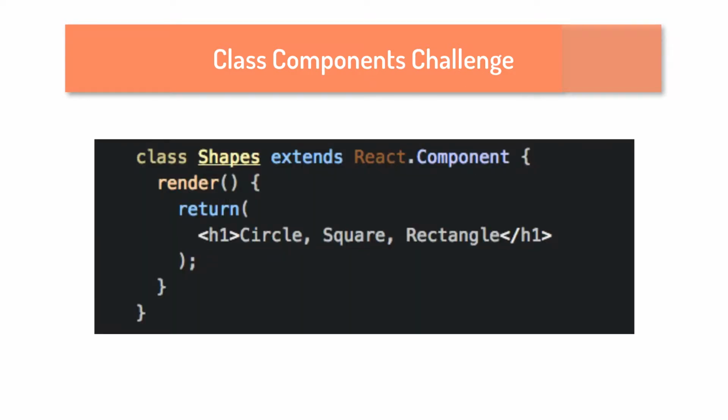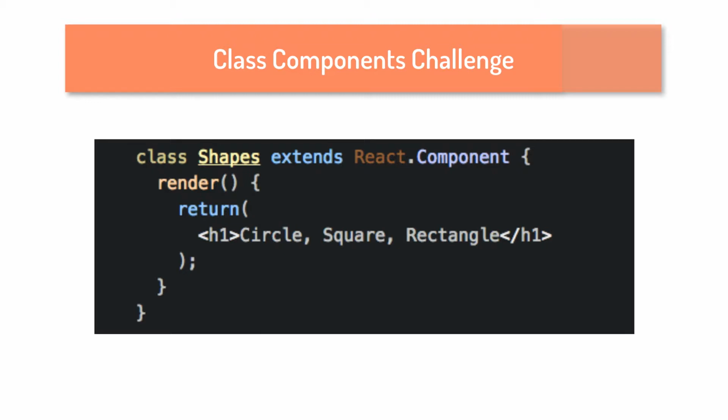Previously, we created a class component that rendered an h1 tag with the text circle, square, and rectangle. We introduced the ES6 class keyword, which is primarily syntactic sugar over JavaScript's existing prototype-based inheritance.